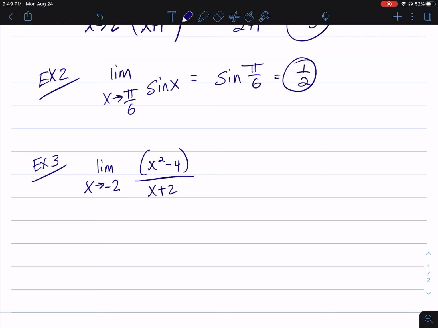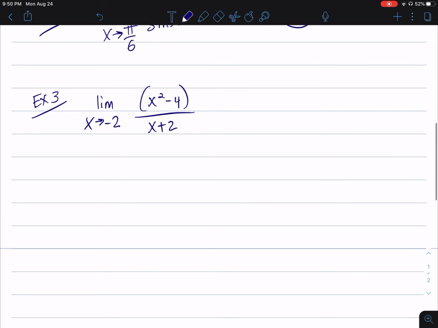Okay, so what we see here is when we plug in -2, I'm going to get -2 squared, which is going to be 4. 4 minus 4 is going to give us 0. And then when we plug in -2 on the bottom, we're also going to get 0.